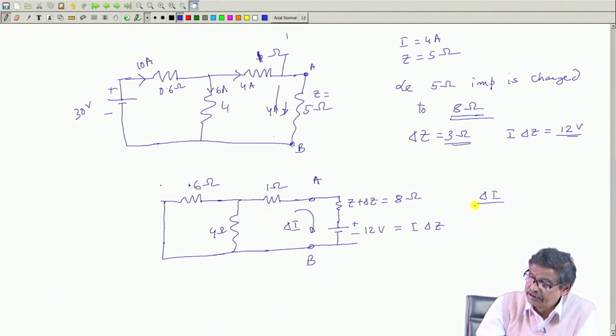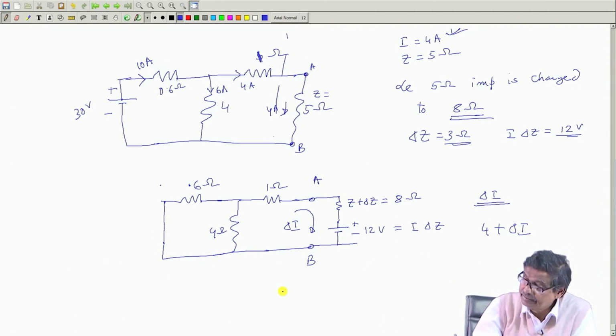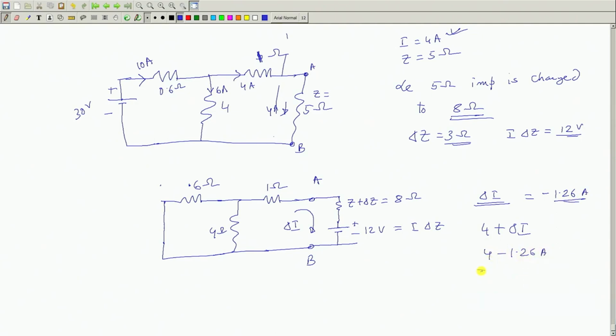After you calculate delta I, add it to the initial current of 4 ampere to get the new current. Delta I is minus 1.26 ampere, so it will be 4 minus 1.26 ampere. If you calculate this current, how much is it? 2.74 ampere.